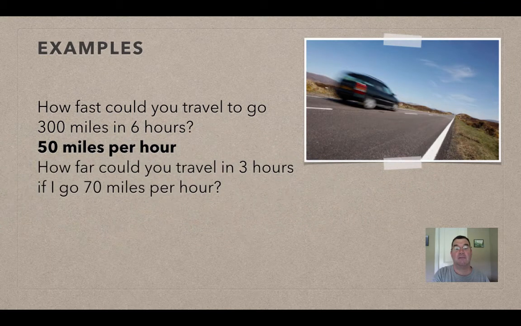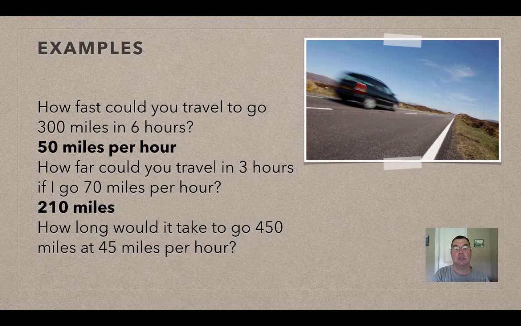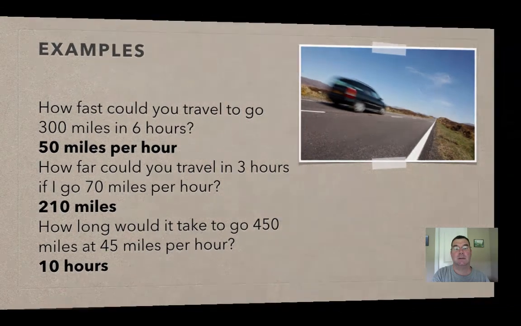How far could you travel in 3 hours if you go 70 miles per hour? That's a distance, so I will multiply the speed and the time. So 70 times 3 gives me 210 miles. And lastly, how long would it take to go 450 miles at 45 miles per hour? That's a time, so I'm going to divide the distance and the speed to get 10 hours.